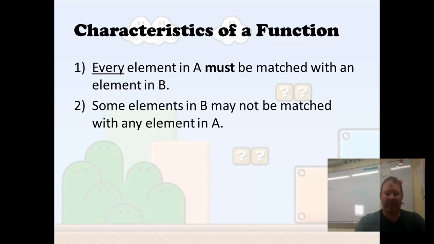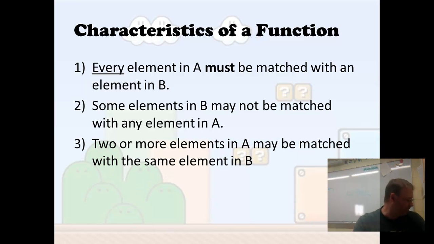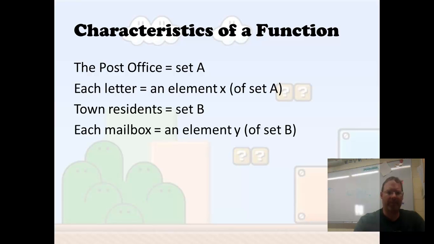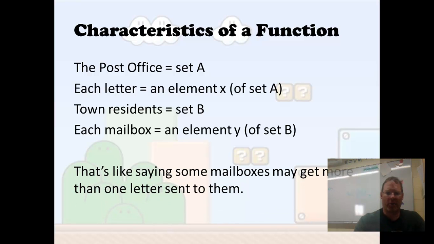Third characteristic. 2 or more elements in A may be matched with the same element in B, which is like saying some mailboxes may get more than one letter sent to them.